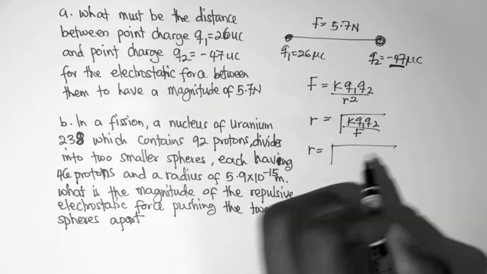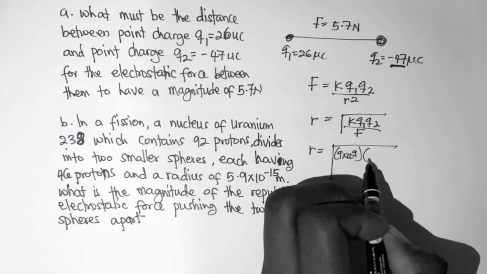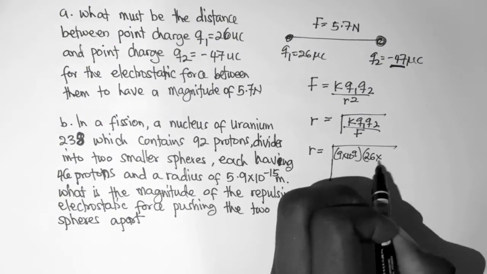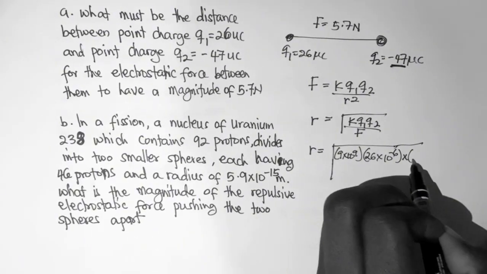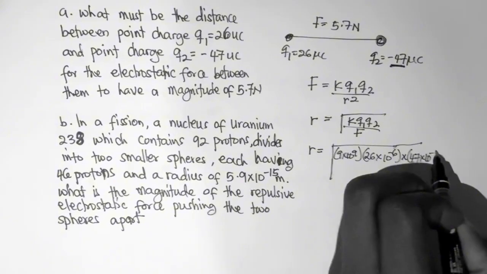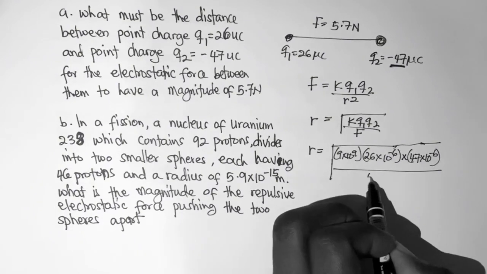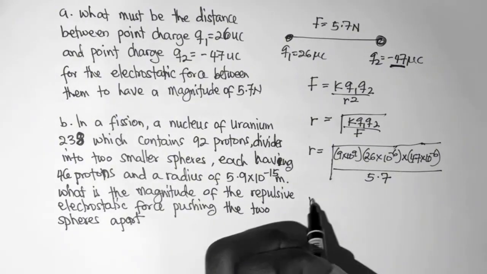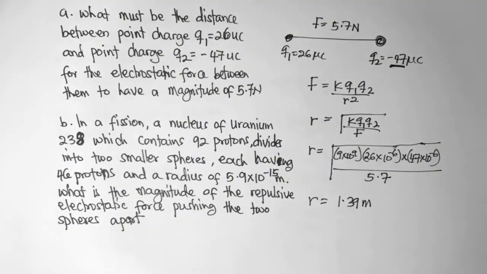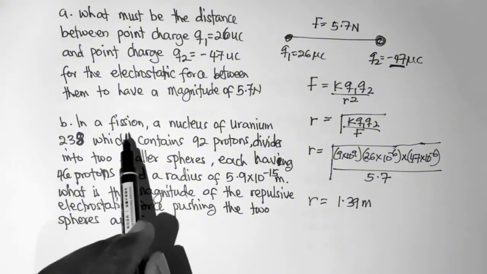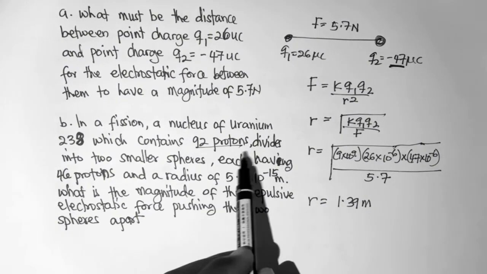And therefore, this is equal to the square root of K, which is 9 times 10 exponent 9, times Q1, which is 26 times 10 exponent minus 6, times the second charge, which is 47 times 10 exponent minus 6, divided by the force, and the force is 5.7 newtons. So R is equal to 1.39 meters.